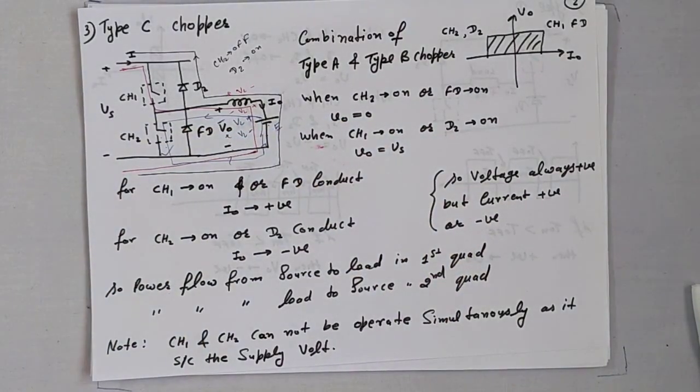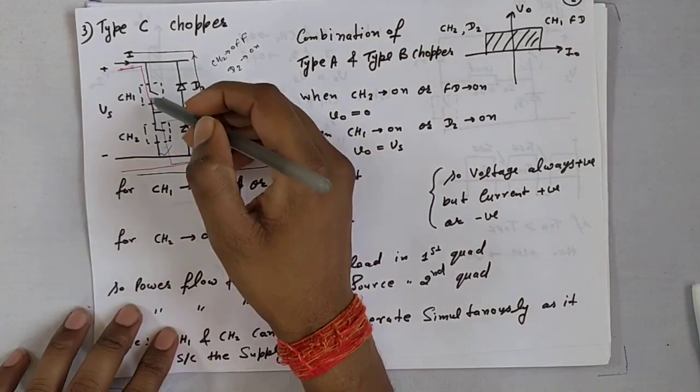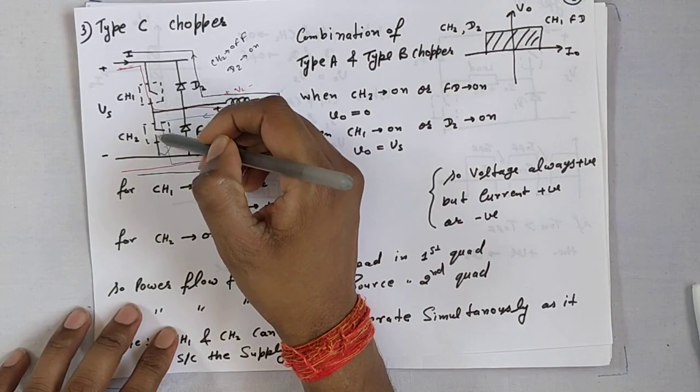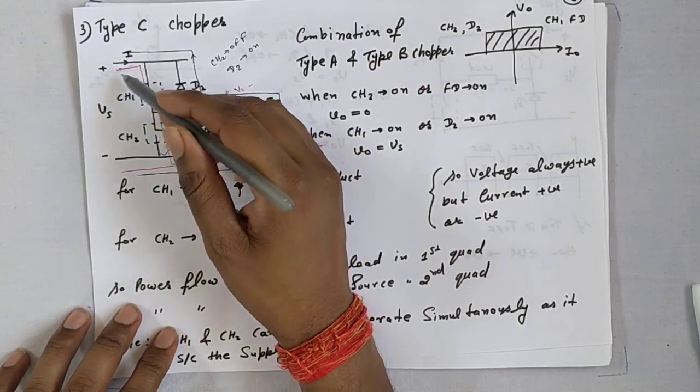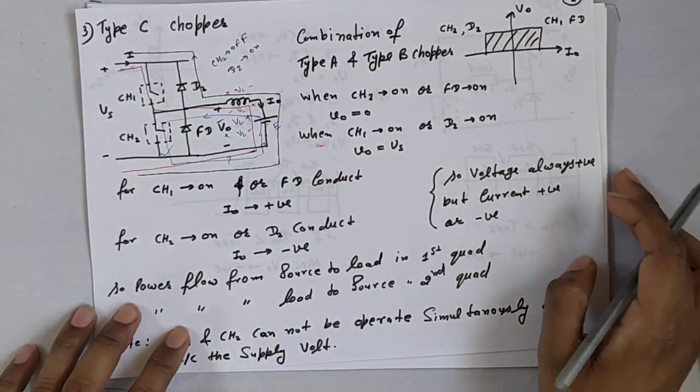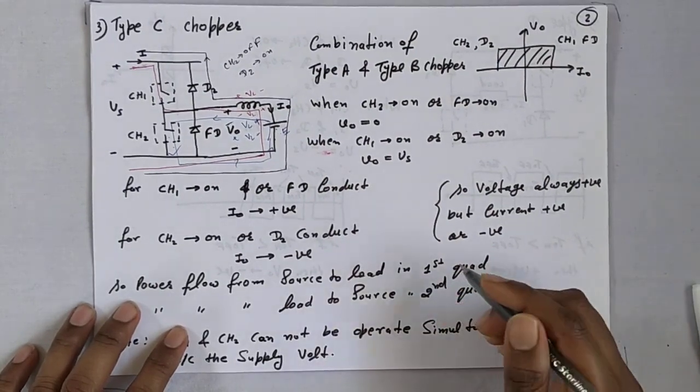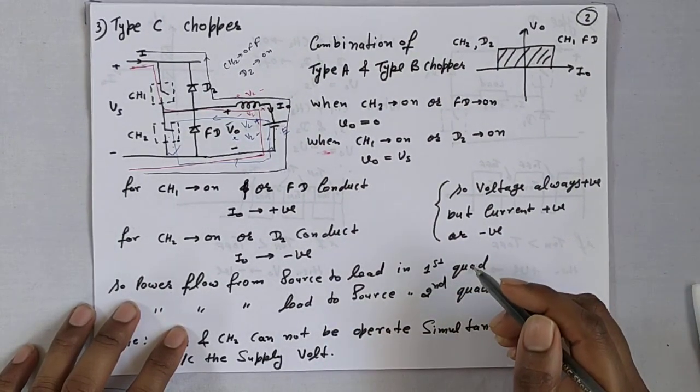One more thing is that CH1 and CH2 cannot be operated simultaneously, as it short circuits the supply voltage. When you turn on both CH1 and CH2, what happens? The supply voltage gets short circuited. So this is the type C chopper.